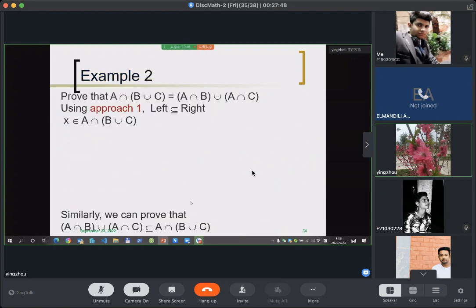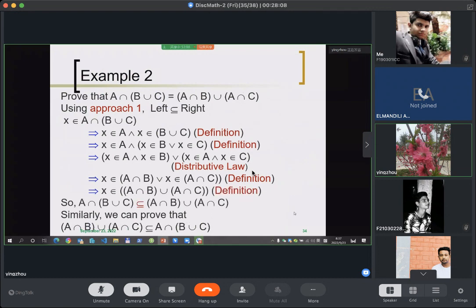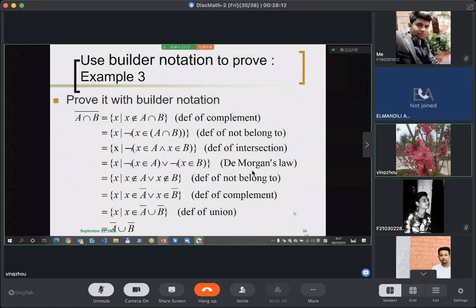And already show you the video. This is the second way, using the set builder notation, and then just using the logical rules for this example. Okay, we are not discussing in detail, just showing you about this way. And here similarly, using the builder notation.